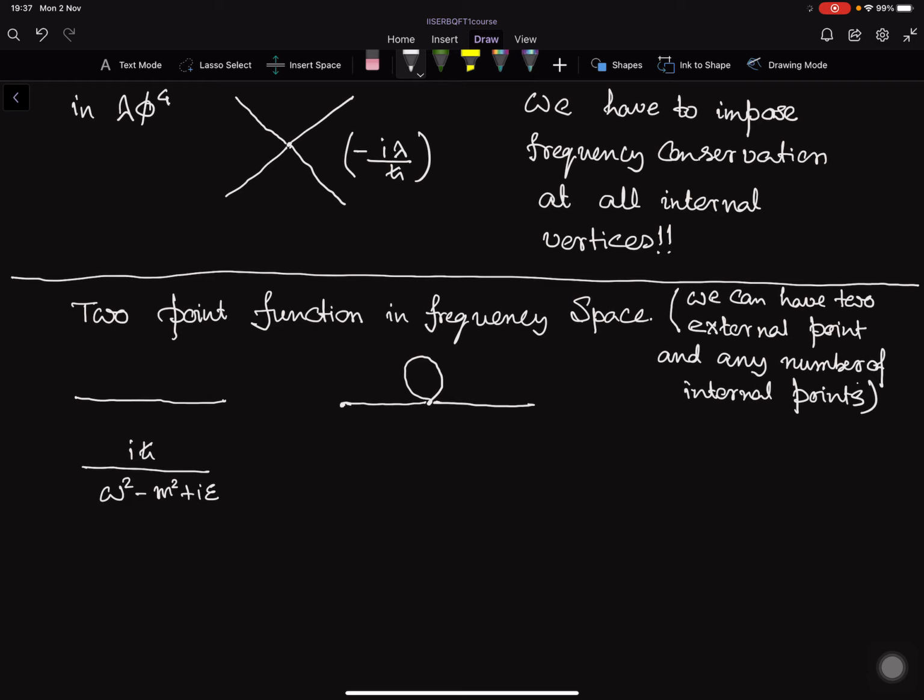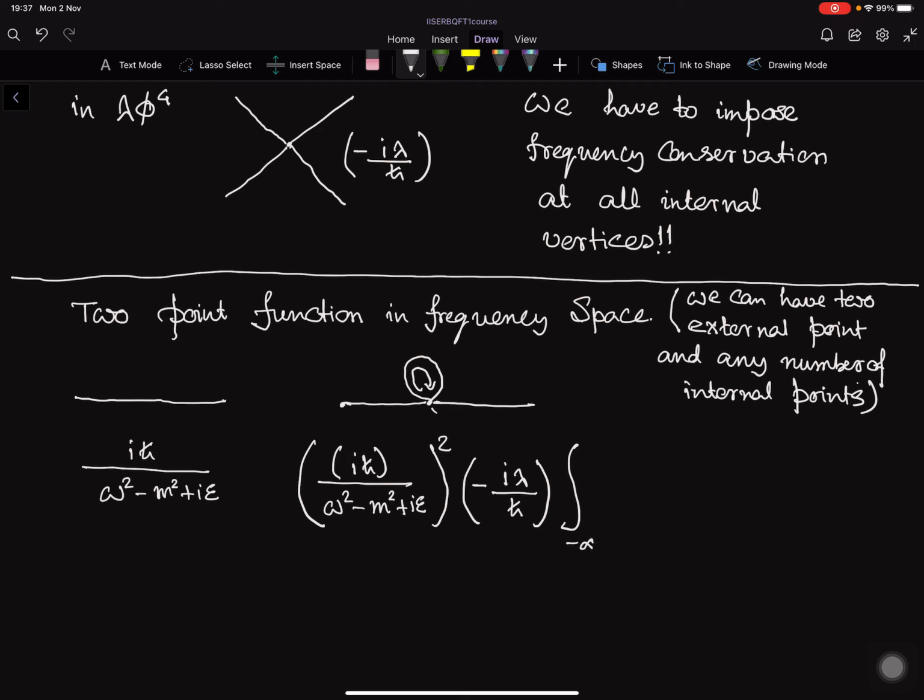So then this contribution will be i by h bar over omega square minus m square plus i epsilon, whole square, and then this vertex that will come with minus i lambda over h bar, and then the frequency of that loop of that internal propagator is not determined by momentum conservation, so this will be d omega tilde i by h bar over omega tilde squared minus m square plus i epsilon.